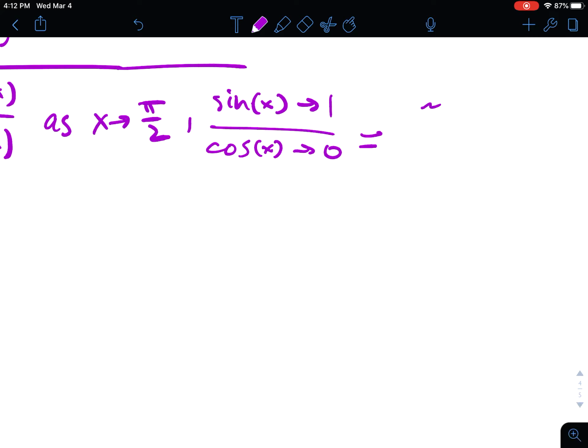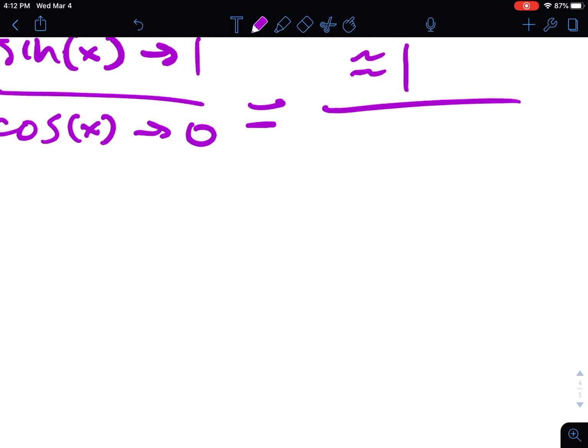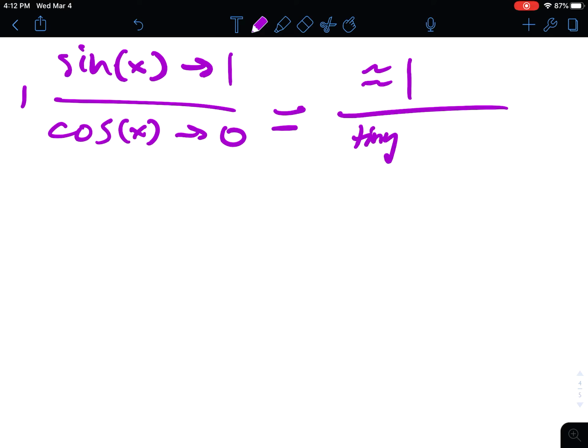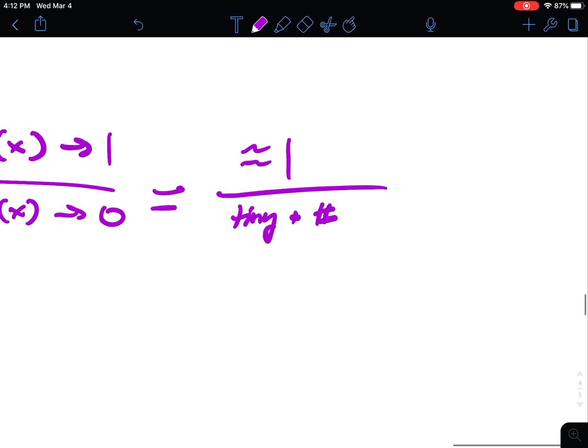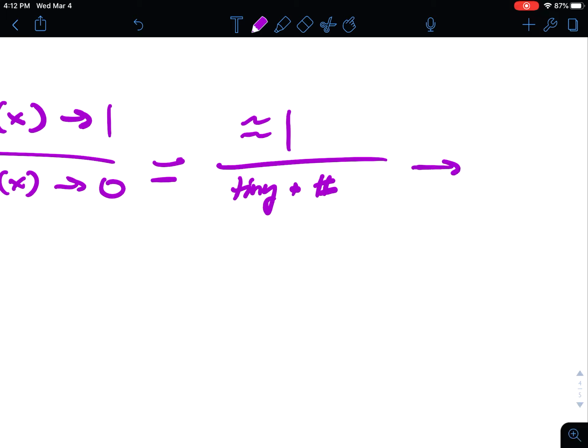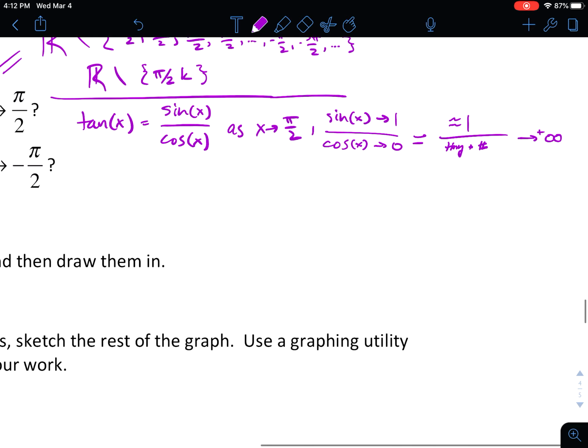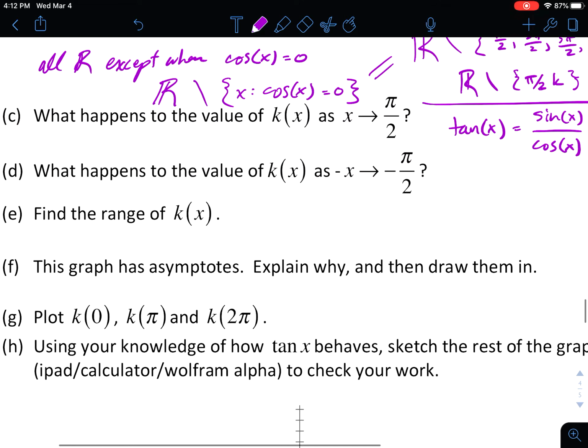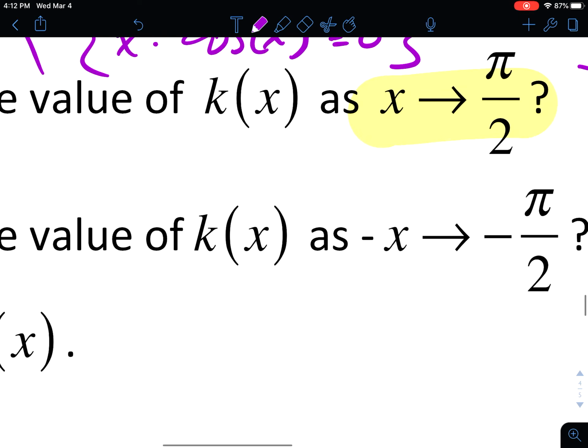And so we're going to have something that's really close to 1 divided by a tiny positive number, and we know that that approaches positive infinity. And so as x approaches pi over 2, it would be reasonable to say that k is approaching positive infinity.